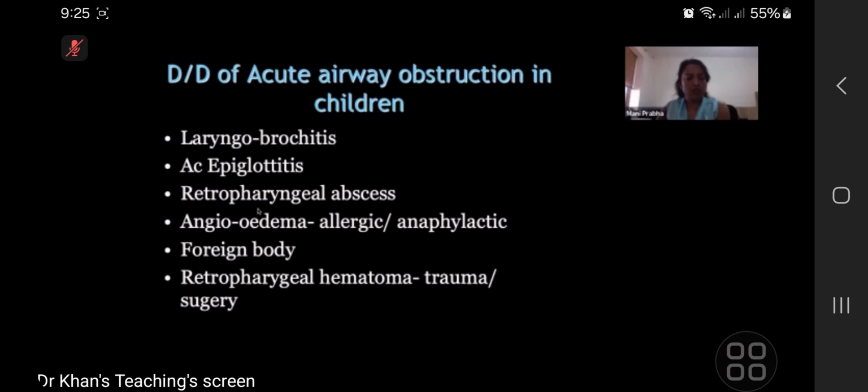So the main differentials to consider would be retropharyngeal abscess, a foreign body, or retropharyngeal hematoma due to trauma or surgery. And the next test is a CT scan, probably with contrast.